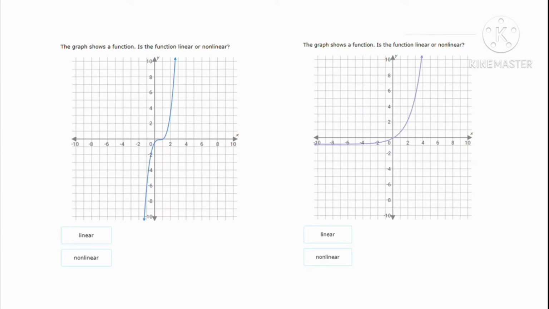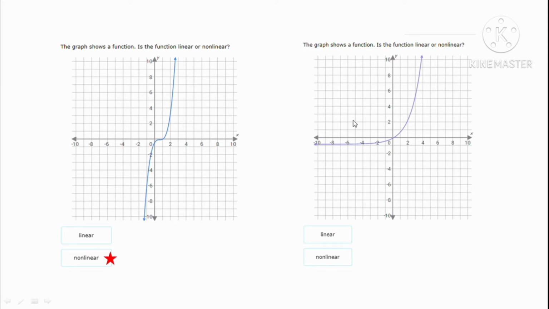So, can you see the graph now? Is it linear or not? Yes, surely it is not linear because the line here is not a straight line.